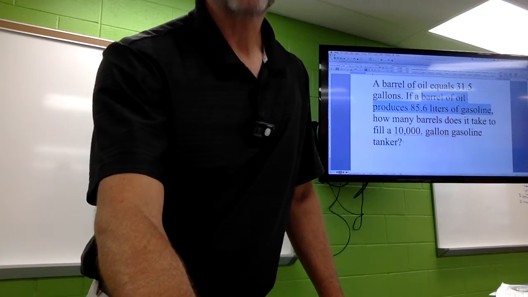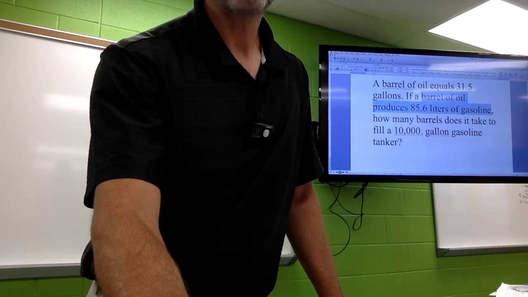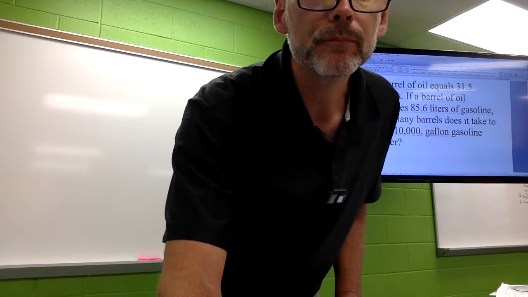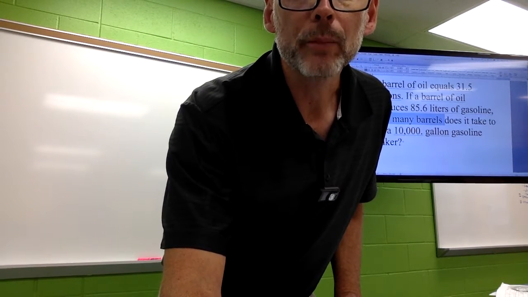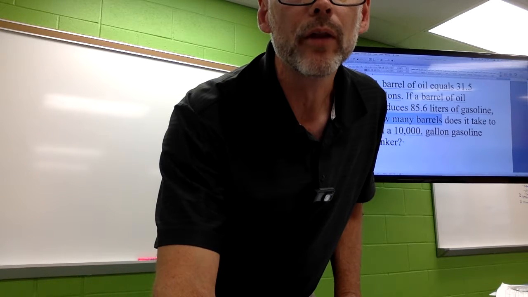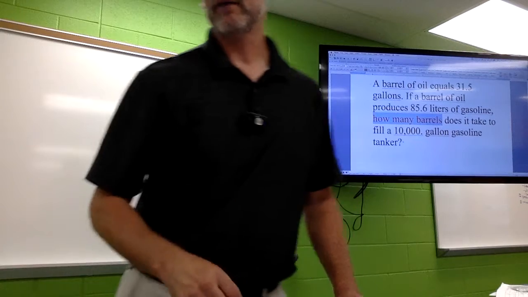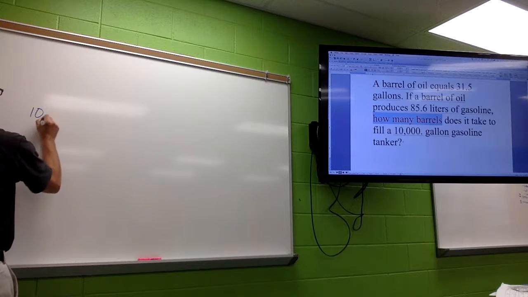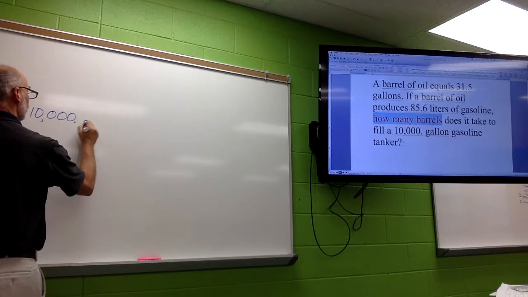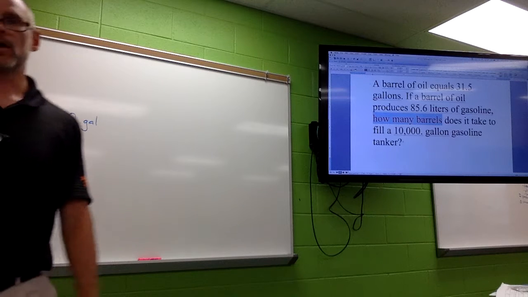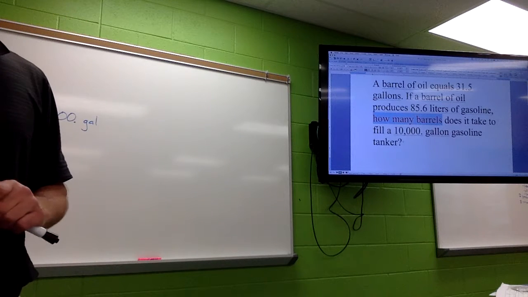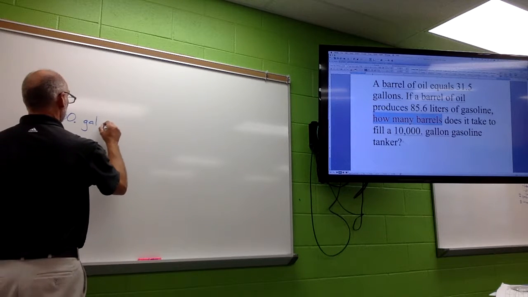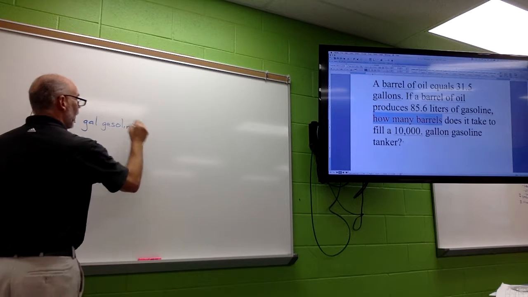And then, what is it we're trying to find? How many barrels? So I'm going to highlight that one in orange to help us focus on that. Which means, what are we left with? 10,000 gallons. So we write down our 10,000 gallons. And now I need to get from gallons of gasoline to barrels. How can I get there?